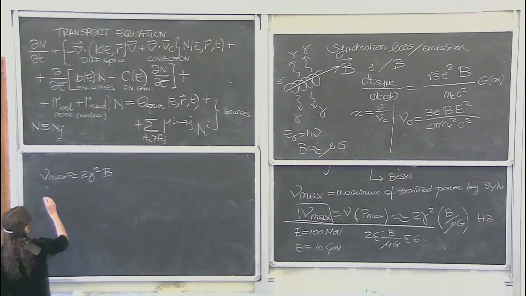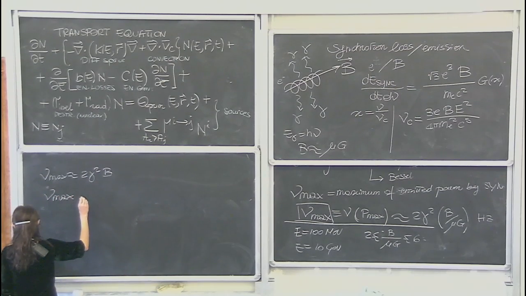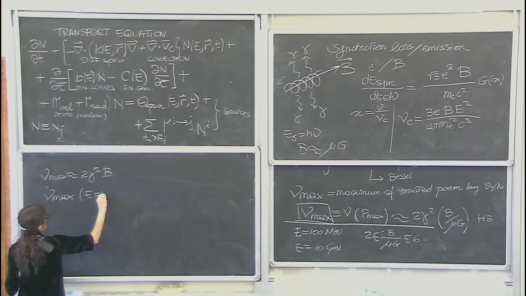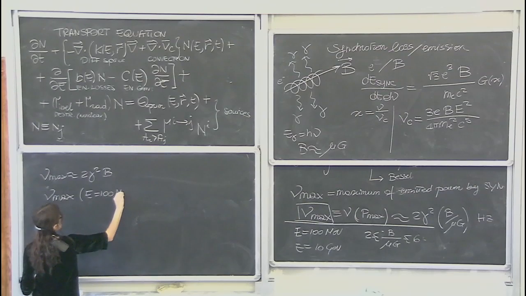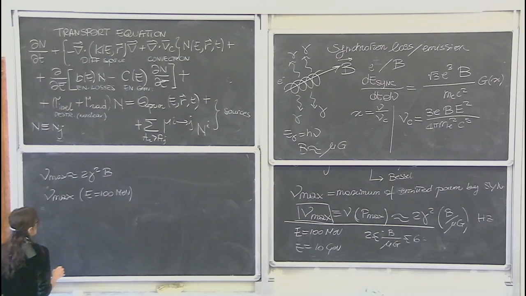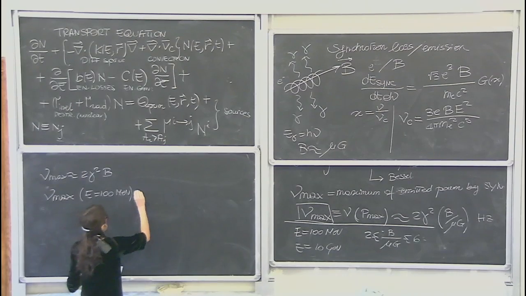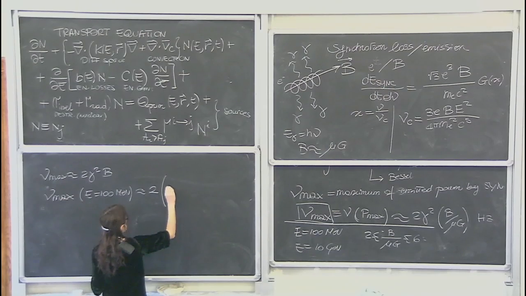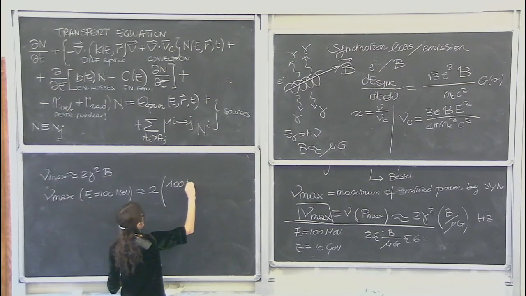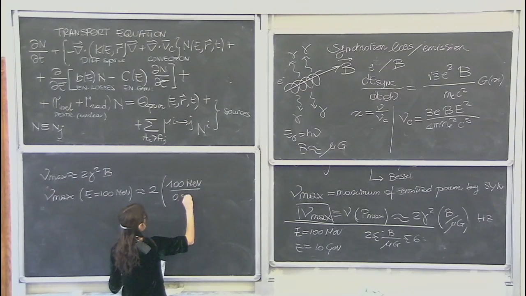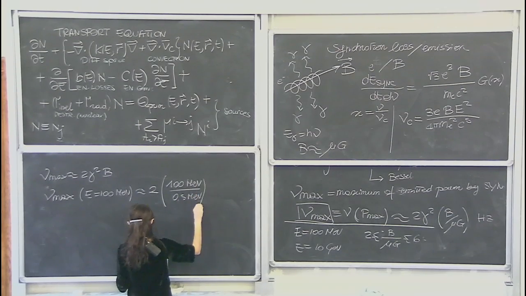So nu max for 100 MeV electrons is equal to 2 gamma squared, with gamma which is 100 MeV divided by 0.5 MeV, more or less.